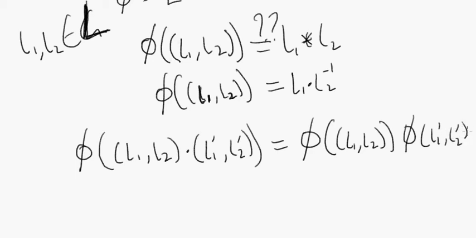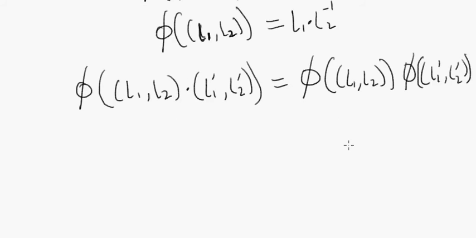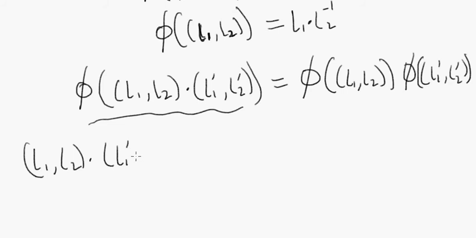Right? Isn't that what we need to check? Okay, so let's see, what does the left hand side give us? What's L1 L2 times L1 prime L2 prime? Isn't that the same thing as L1 L1 prime, L2 L2 prime?